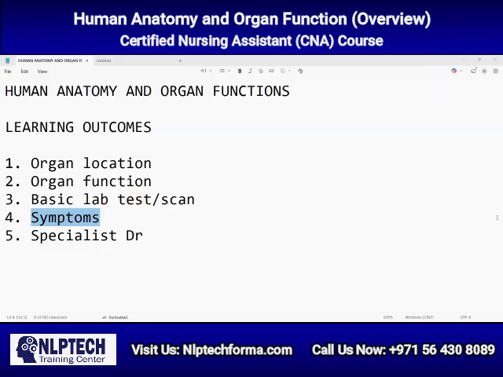As I said earlier, I'm going to draw three diagrams, three systems: digestive system, renal system, respiratory system. And what you need to learn from one system is all these five things. All right. So this is the summary of today's topic. Now I'm going to start drawing the diagrams. Ready? Okay, let's do it.